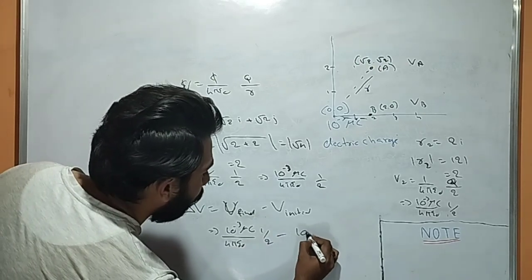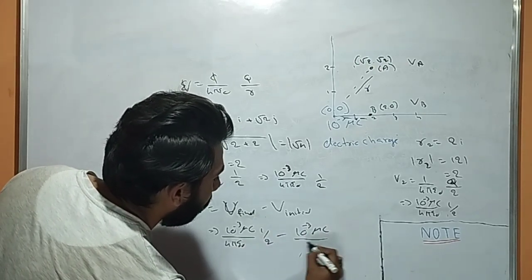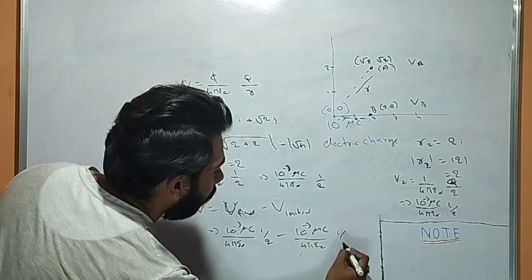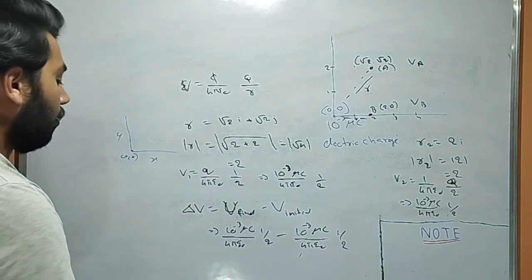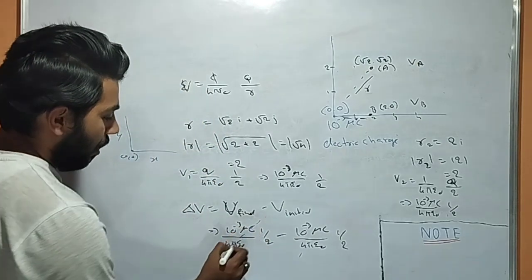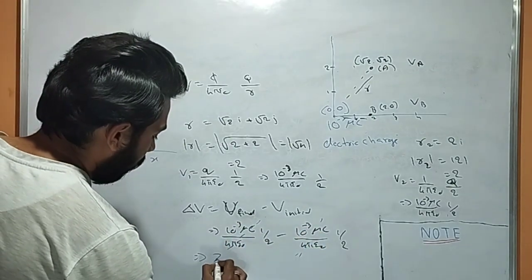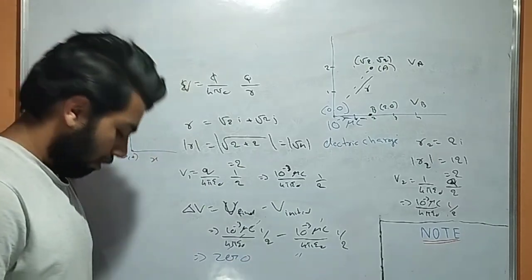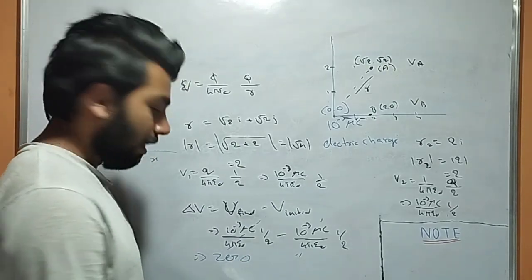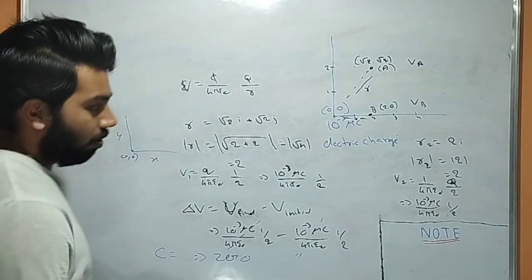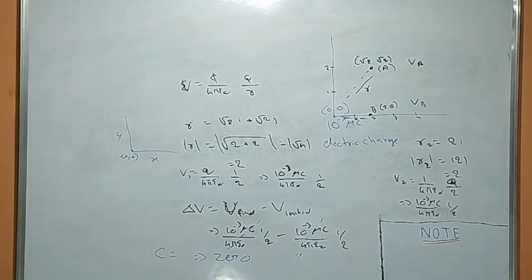Now just subtract them. What will your answer be? 0. Your answer is 0. See, your answer is 0. Write it down.